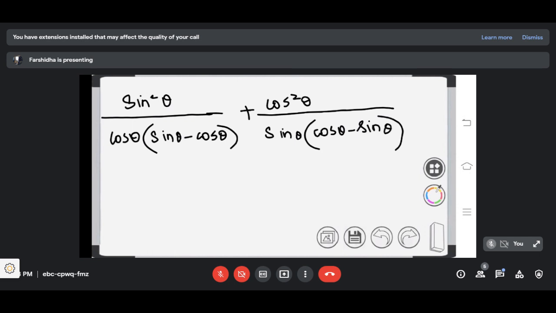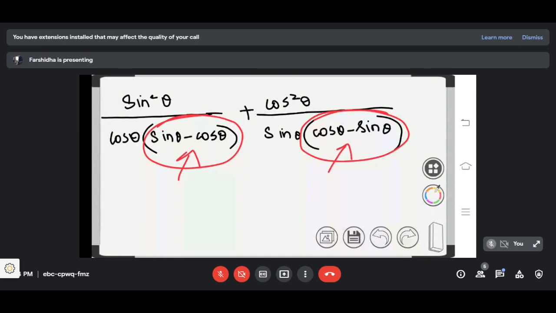Okay, now listen carefully. Here you have sin theta minus cos theta, but here you have cos theta minus sin theta. So I just want this side also sin theta minus cos theta so that this will match. Sin theta minus cos theta, here also sin theta minus cos theta. So to match it, to make it same, equal, I need to take the negative outside.